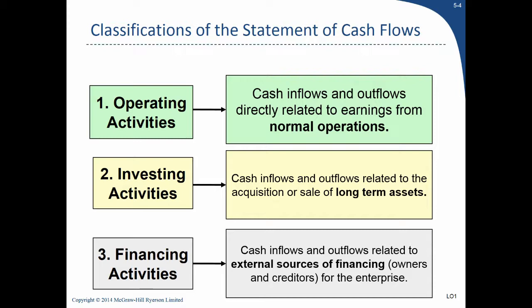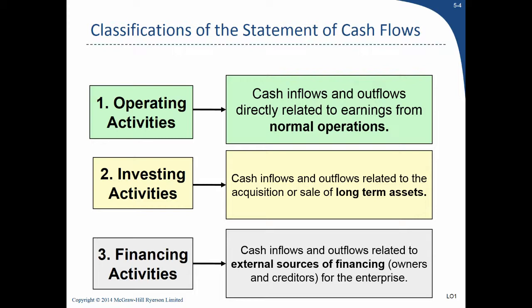Investing activities, cash inflows and outflows related to the acquisition, to buy, or sale of long-term assets. Okay, so that would be, remember the example that we discussed where if you sell a piece of land that your warehouse was on and we realize a gain, we're not in the business. Our day-to-day normal operations are not selling the warehouse or the land for a gain, but we might happen to realize a gain.